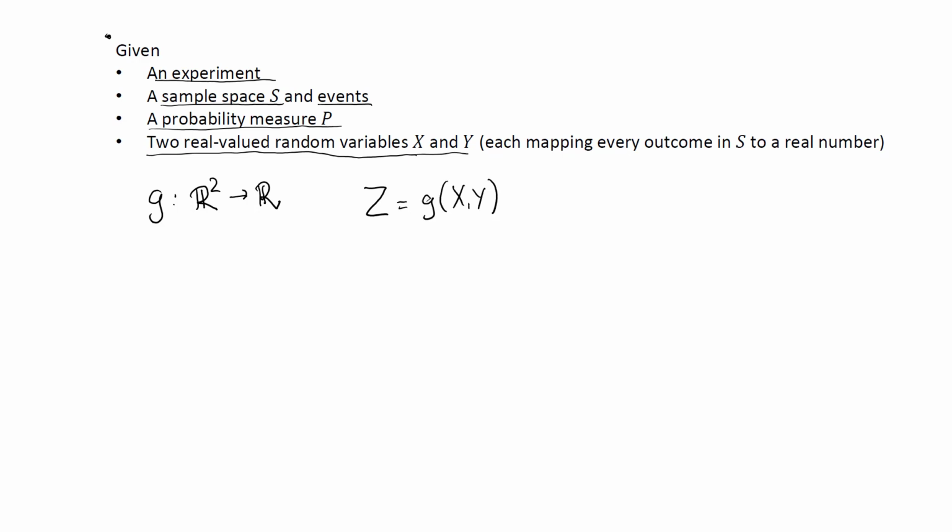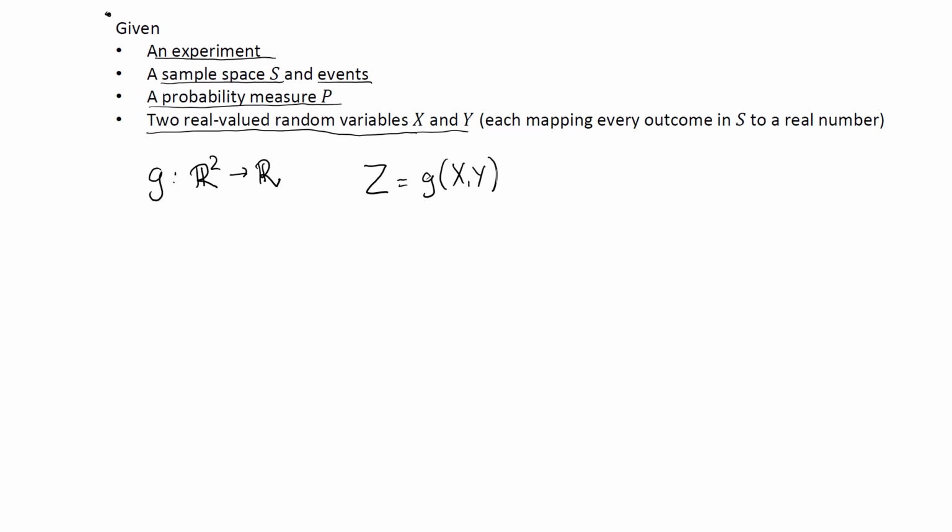Here's a picture of how Z is defined, illustrating that Z is simply a composition of the functions G, X, and Y. Here's my sample space. Let's just name one of the possible outcomes omega. Omega is mapped to a real number by X as well as by Y. So I can do the X mapping along this axis. In the same way, the Y random variable will map omega onto the real line.